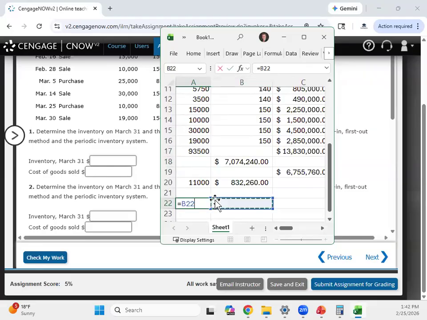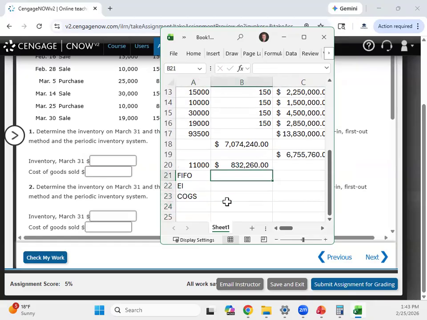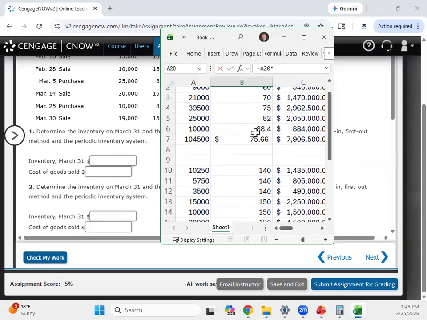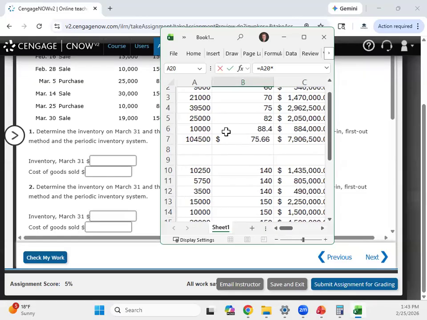And so our ending inventory balance under FIFO, we're going to take, EI is for ending inventory, cost of goods sold is for cost of goods sold. We're going to take 11,000 in ending inventory multiplied by the most recently purchased units. Oh, we can only take 10,000 from the most recent purchase.